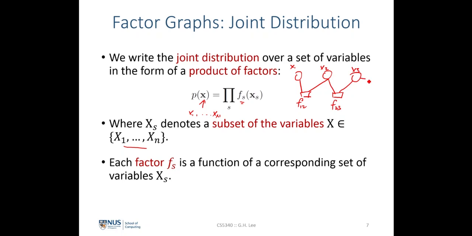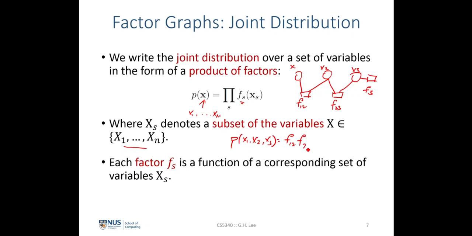There could also be a unary factor, which consists of only the random variable x3, for example, which we denote as f3. So the joint probability distribution of this example, x1, x2, and x3, would be simply the product of all the factors that are encoded in this particular factor graph.